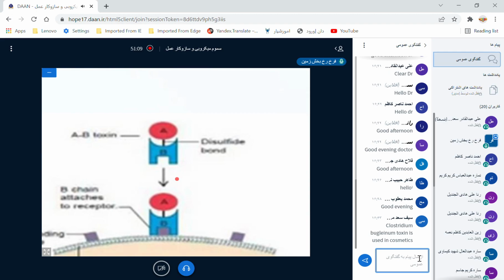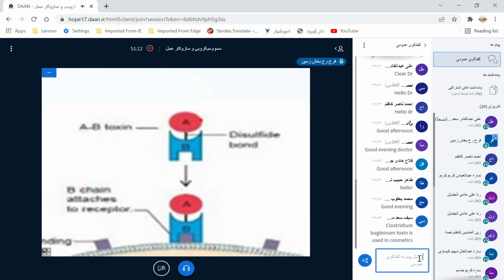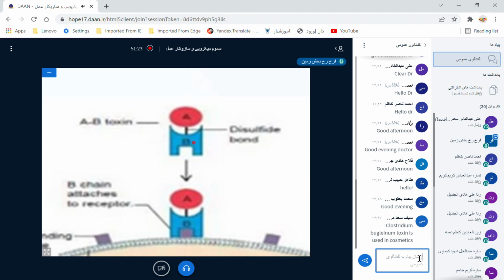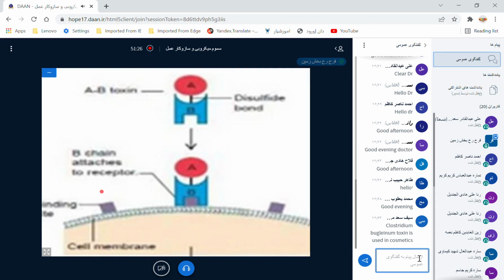Here again you can see it is an AB toxin. This red is A and this blue is B. How does B understand what the target is? On any cell there are many receptors. So those cells have a receptor matching the anti-receptor on B, which can cause matching.